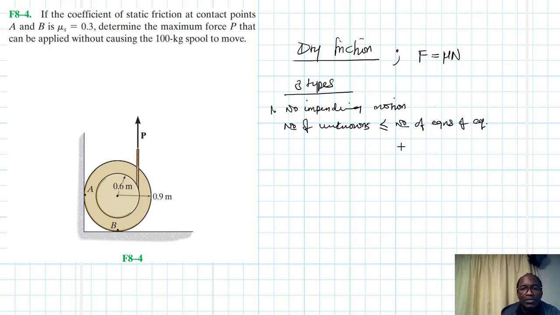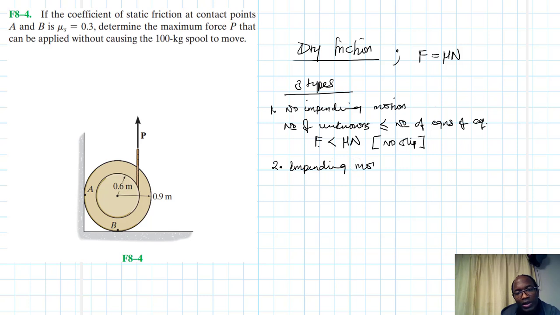If this is the case, it means we can solve this particular problem by the available equations of equilibrium, and after we've done so, then we need to check for slip, where F is less than mu N. If this condition is met, then we know that there is not going to be any slip at the contacting surfaces.